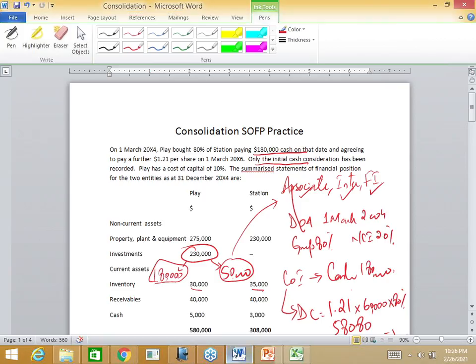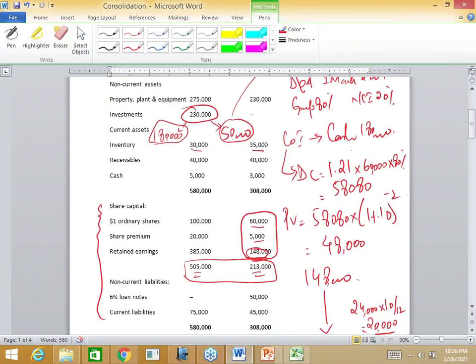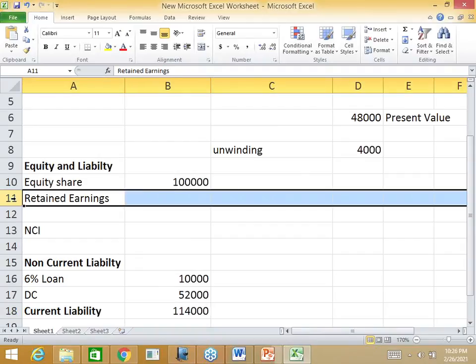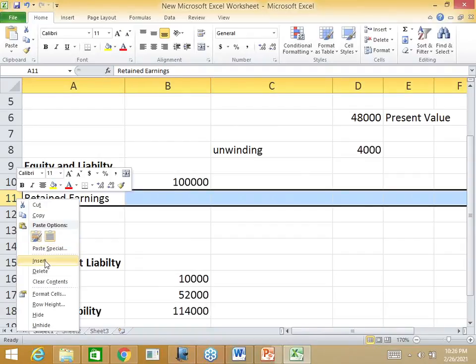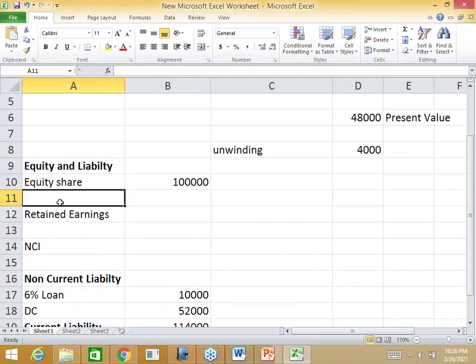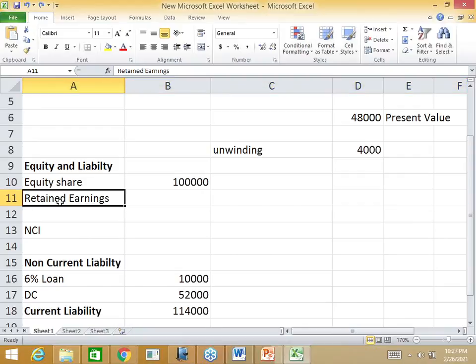We do not have share premium, I think, in this question. Oh, sorry, we also have a share premium account as well. So we can insert a row. Remember this point: whenever you are doing the examination, you cannot insert a row in this.